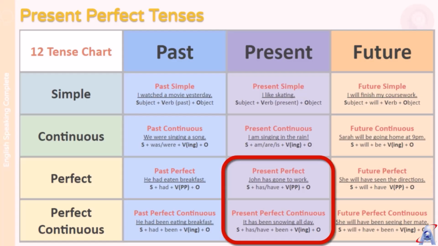Throughout the course, we will revisit tenses at points and go over this information again in a bit more detail. So consider this your first workshop into the present perfect tenses. Today we'll be going through the present perfect and present perfect continuous.